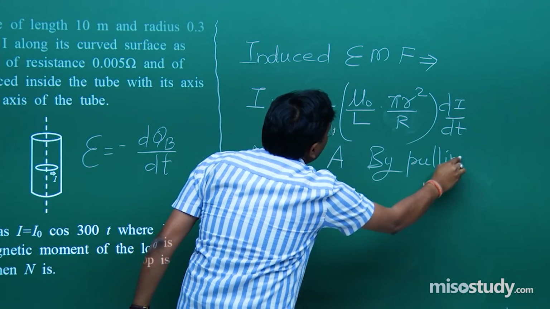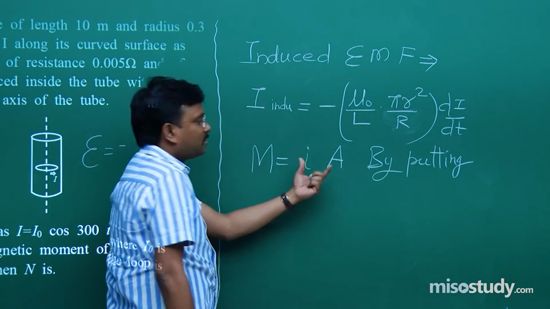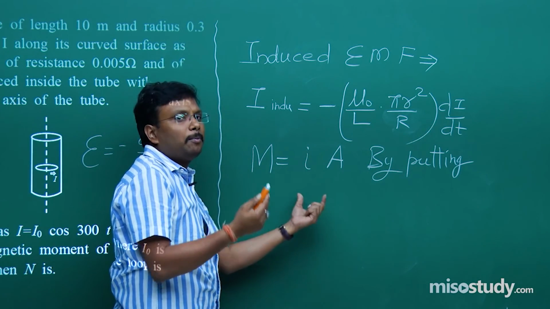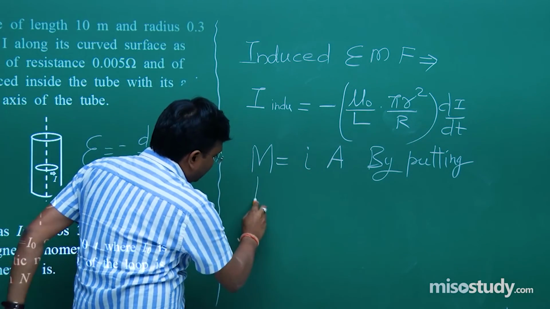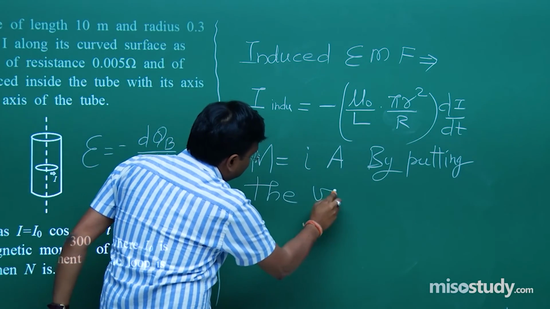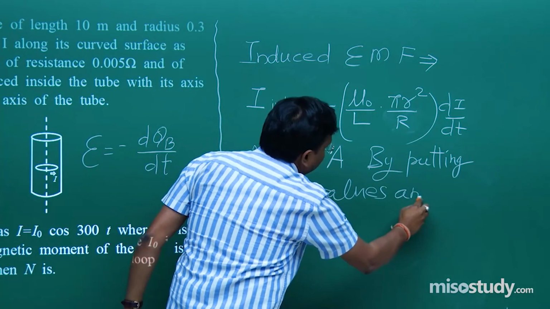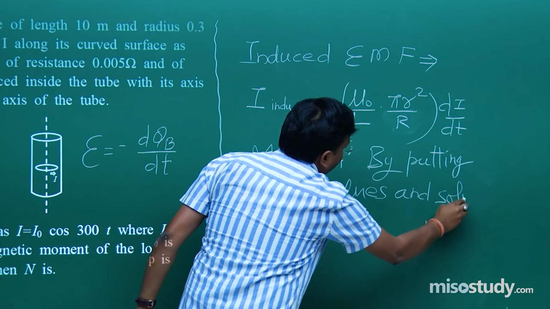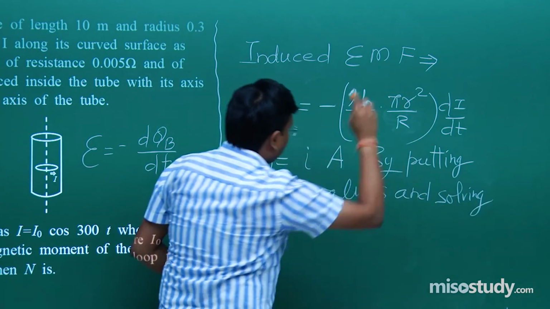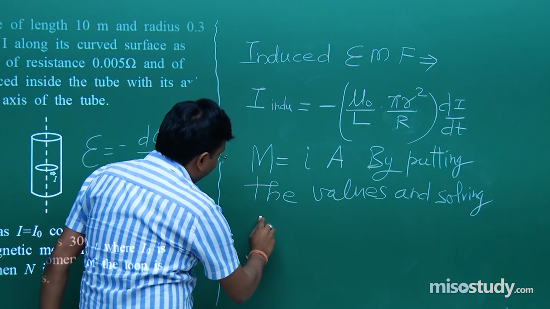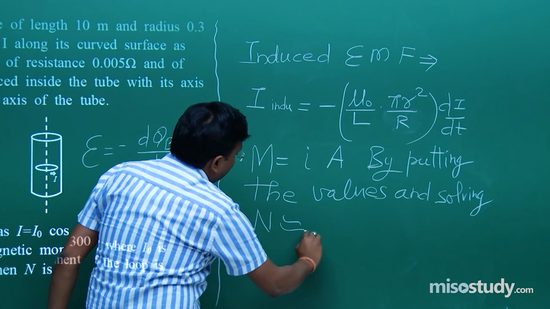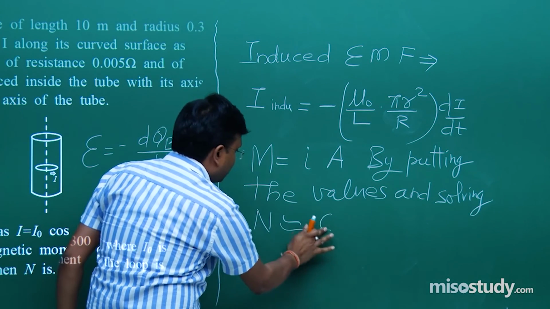here I am not writing each and every step because this is a trivial part, you just have to put the values. By putting the values and solving, N is nearly equal to 6.